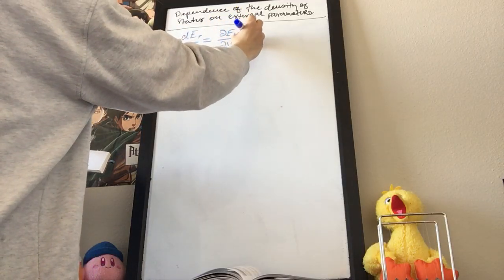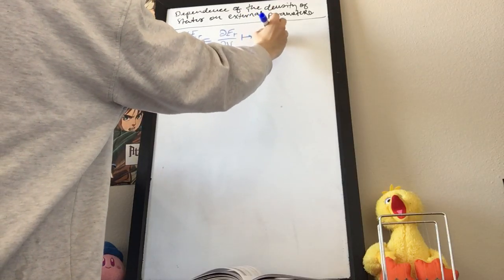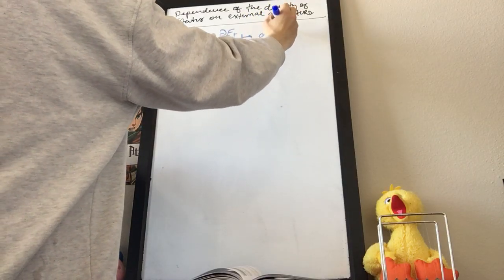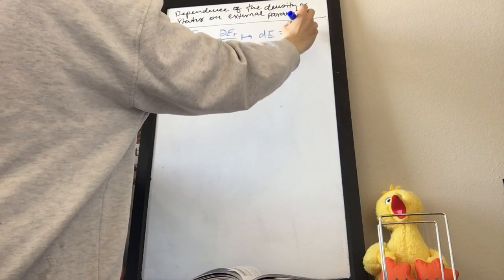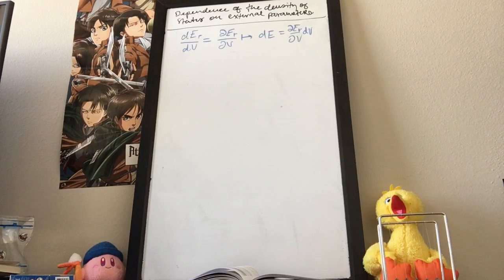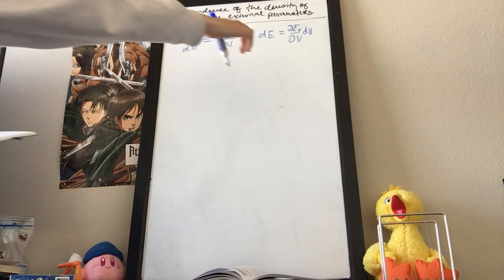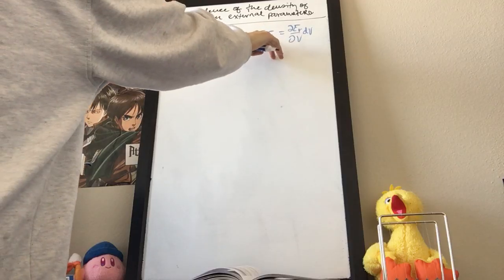And then we just divide both sides by dV, we get dE is equal to partial dE over the partial of V dV, right? Just some simple division.